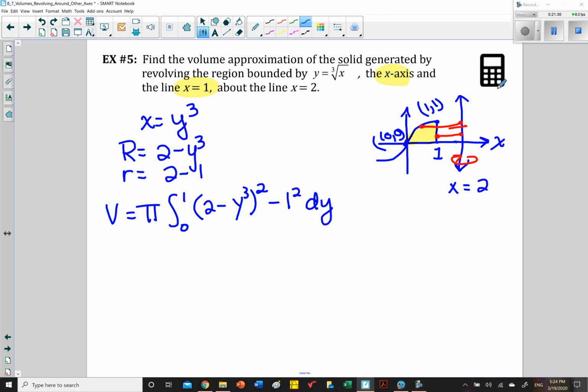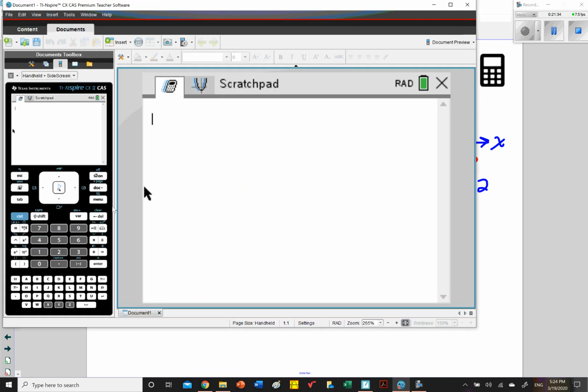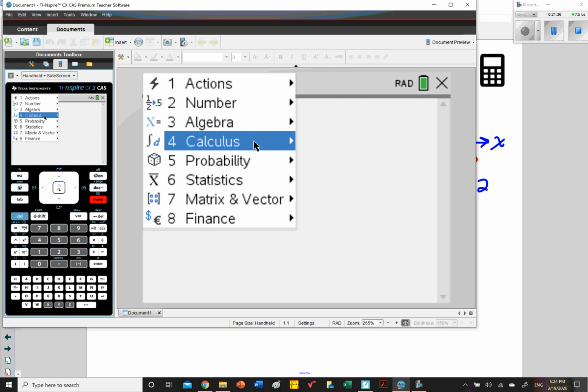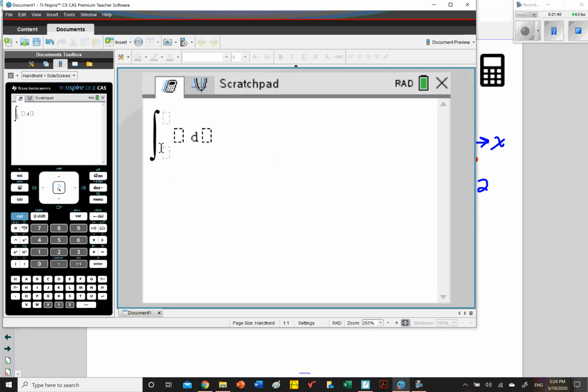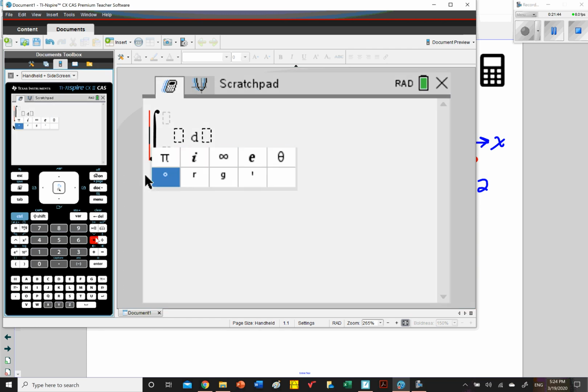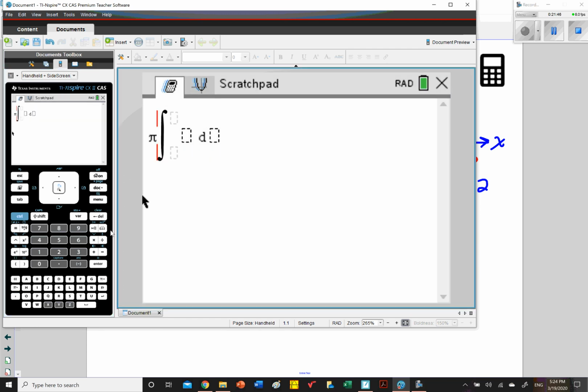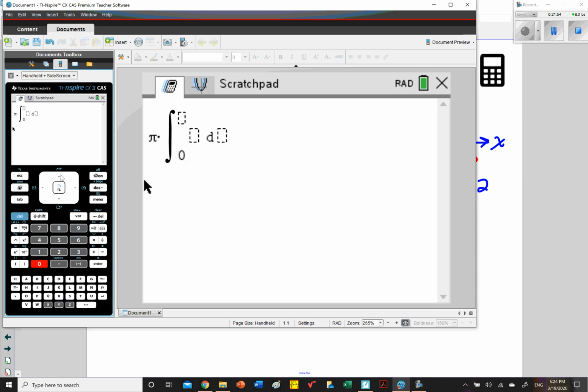We're going to the calculator. Okay, so menu, calculus, 3. I need a pi here. Pi times the area from 0 to 1. We have 2 minus y.